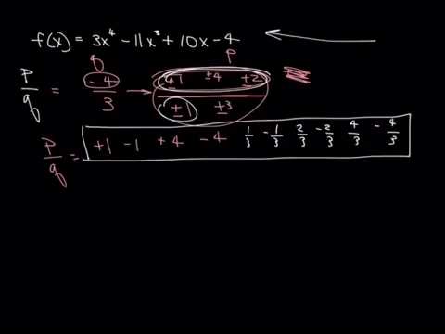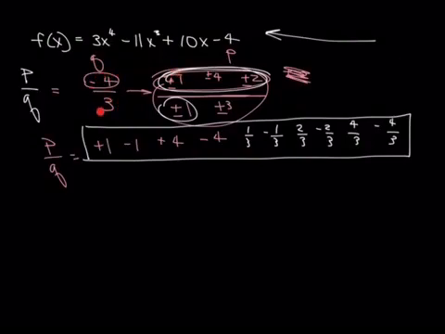Okay, so let me reiterate this again. We take the last number over the first number, negative 4 over 3. We write all of the factors, all of the numbers that multiplied together are going to give me negative 4. So it's positive 1, negative 4, negative 1, positive 4, all those options.